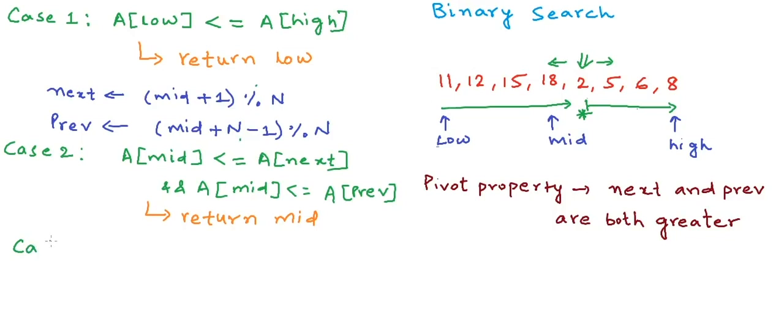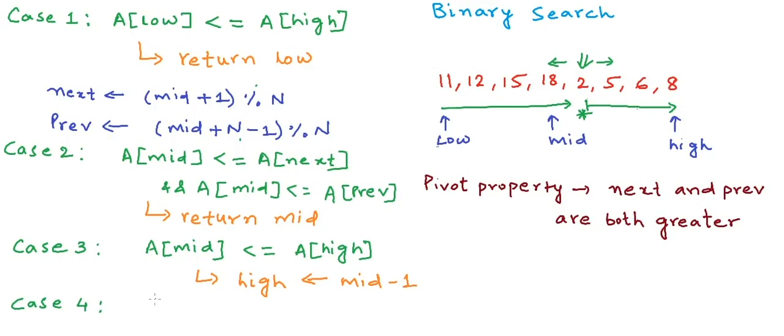If the element at mid index is less than or equal to the element at high index, then the segment starting at the mid index and extending right till the high index is sorted and the pivot cannot exist in the right segment. So in this case, we need to search for the pivot in the left half. So we will adjust high to mid minus 1.